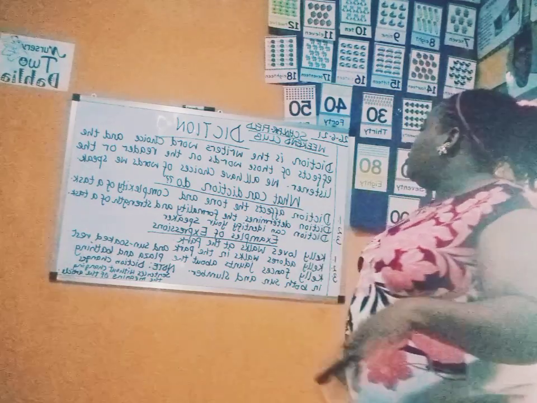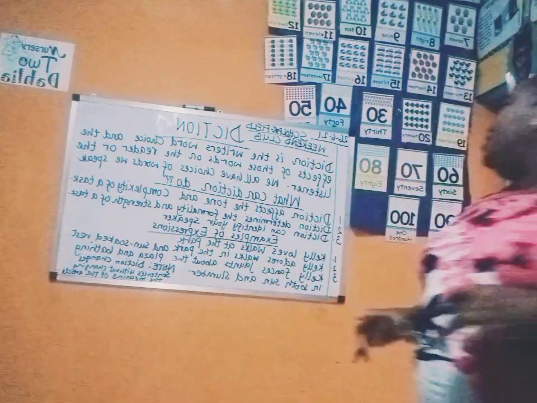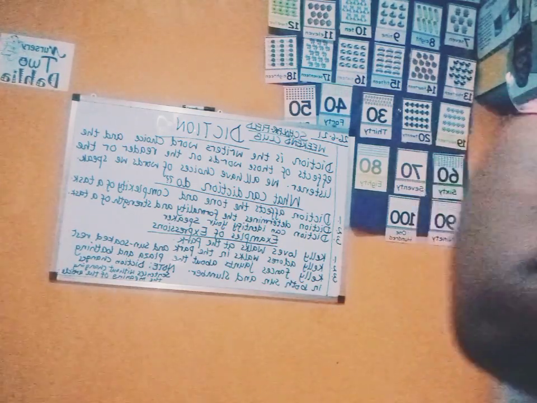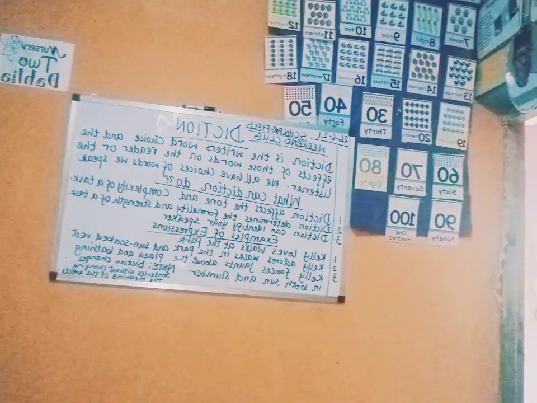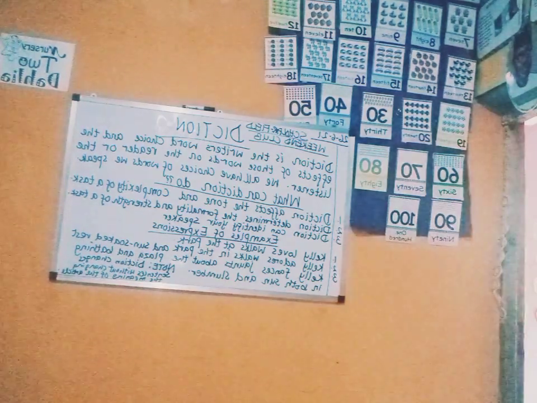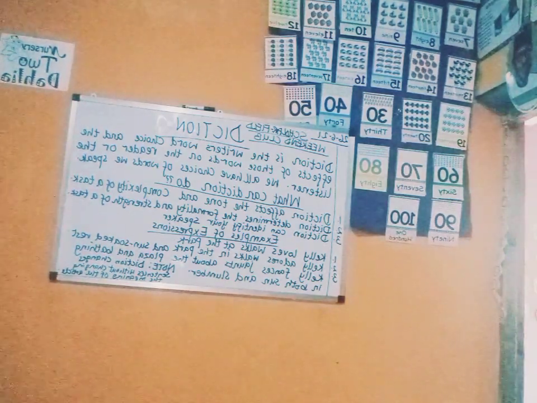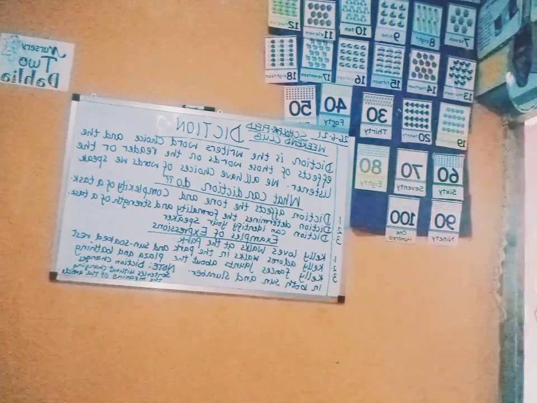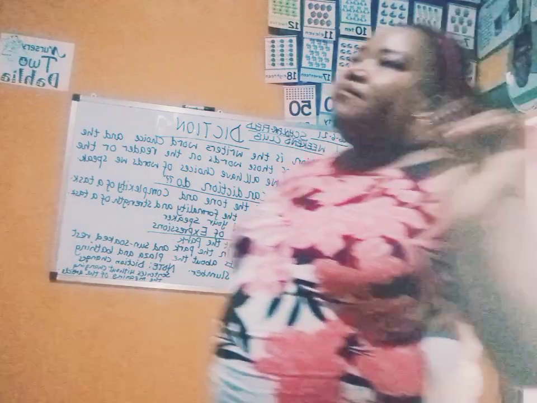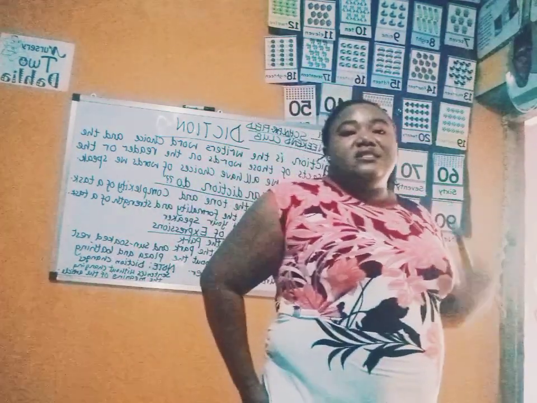Alright, now I want us to rush straight to the next point: what can diction do for us? But before we do that, I also want to explain further what diction is all about. It is the distinctive vocabulary choice. If I decide to make use of this vocabulary or that vocabulary in different articles, it's my choice.